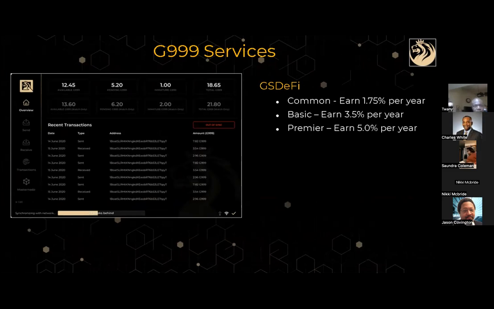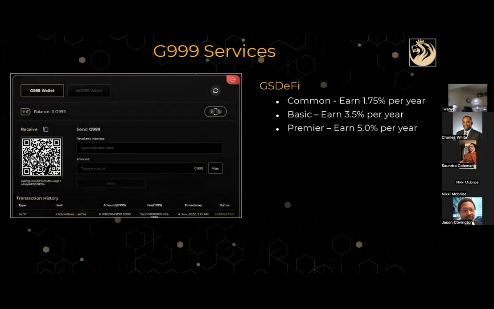By default, everyone, without paying any additional money, earns 1.75% in G999 per year. There is a voucher that allows you to get 3.5% per year, and one that allows you to get 5% per year. These are available on GS Trade under your dashboard.